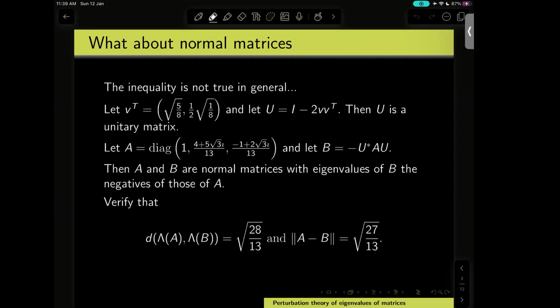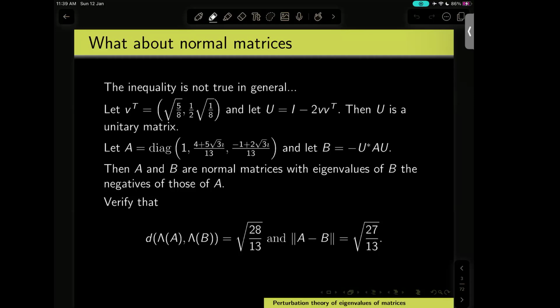Clearly, the eigenvalues of B are the negatives of the eigenvalues of A, and we can calculate the optimal matching distance, which turns out to be square root of 28 by 13. But norm A minus B turns out to be square root of 27 by 13.